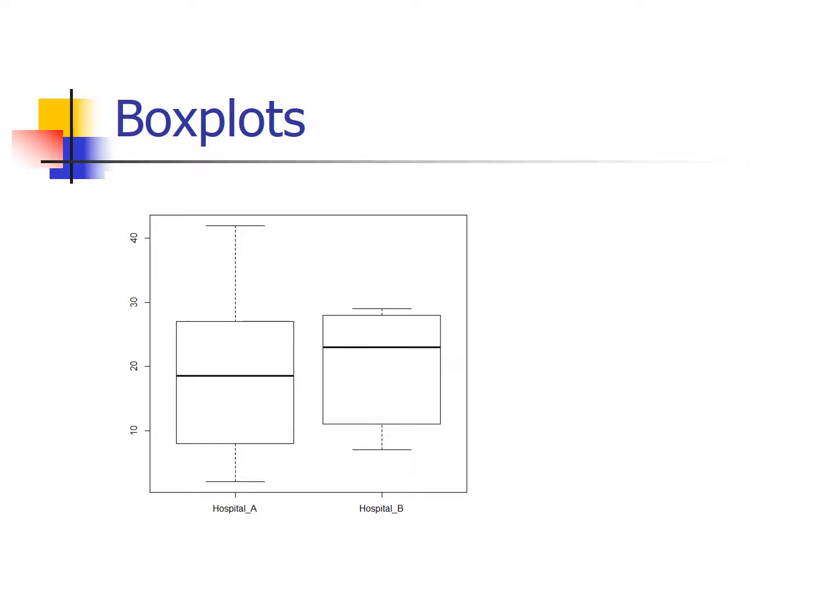And so here they are. We have Hospital A on the left and Hospital B on the right. We have the actual numbers, which correspond to the months that the nurses have worked there, along the left. So let's focus on Hospital A. The way the box plot works is you have that middle box, agreed? If you look at the lower line of that middle box, it's right around the number 8.